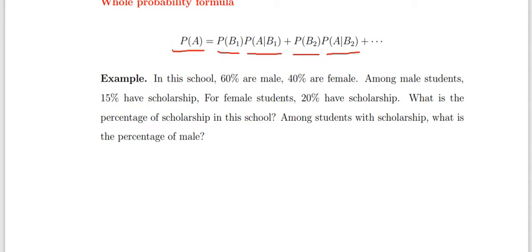Now let's consider this problem. It says that in this school we have male and female students, and we have this information: 60% are male and 40% are female. Among male students, we know that 15% have a scholarship.